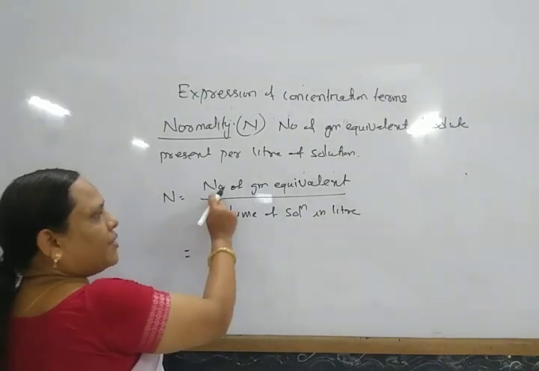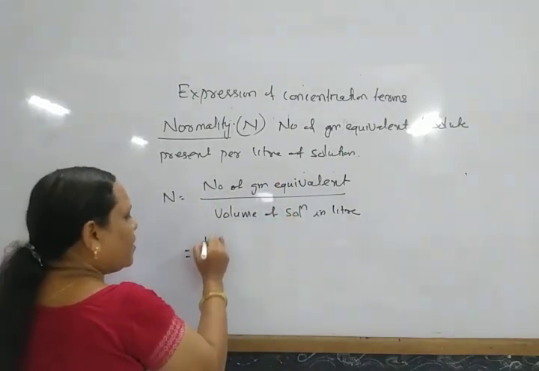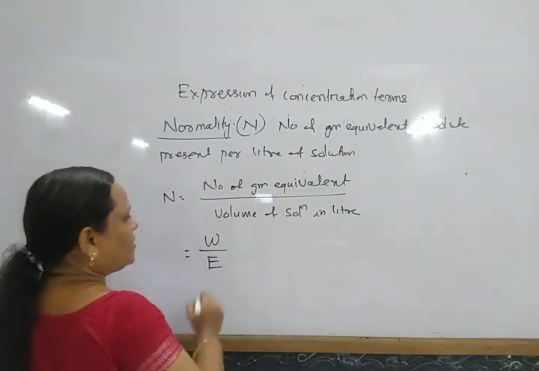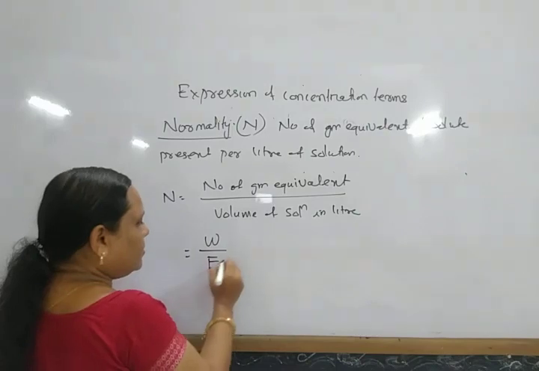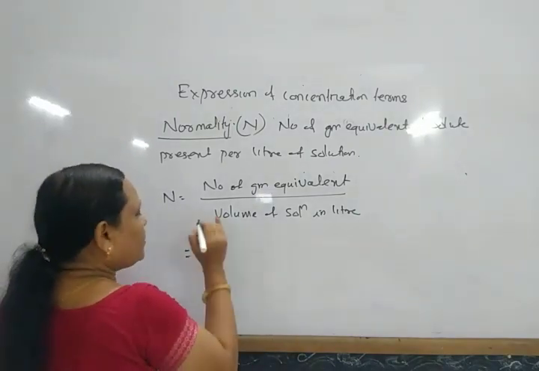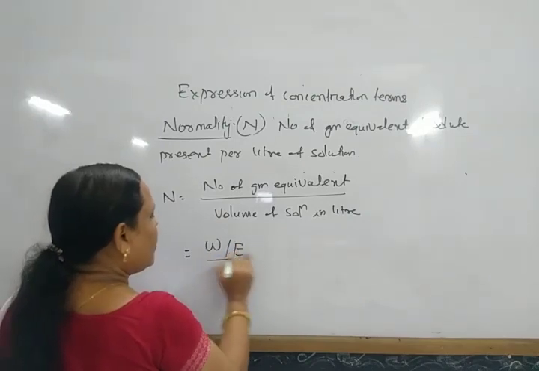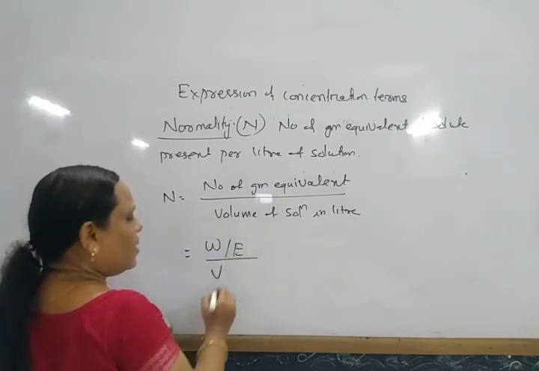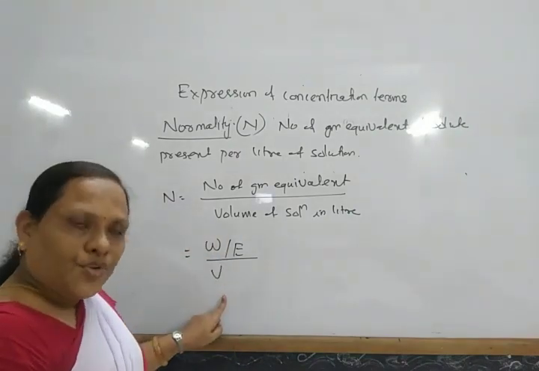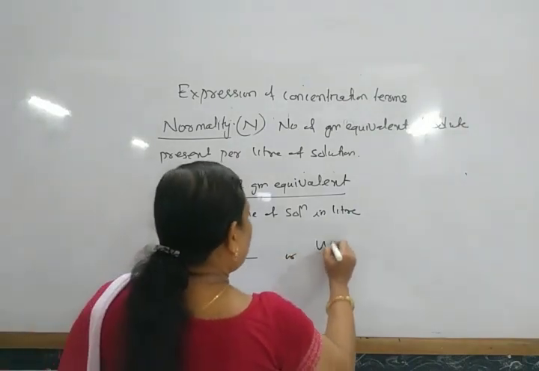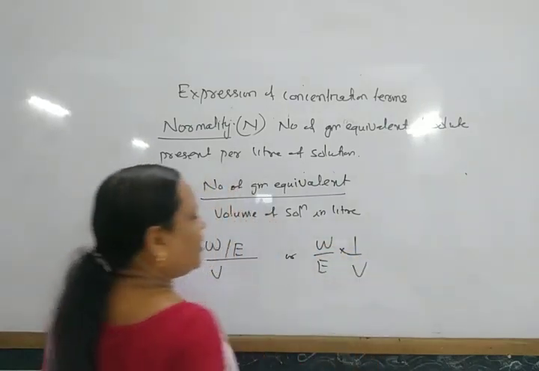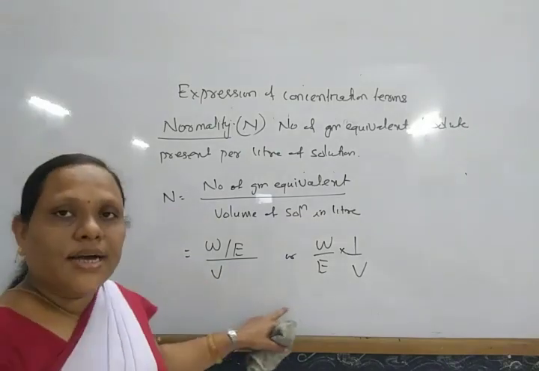Or how can you find the number of gram equivalents? Weight of solute by equivalent mass. So weight of solute by equivalent mass by volume of solution in liter. Now W by E into V, or we can write W by E into 1 by V. So this is known as normality.